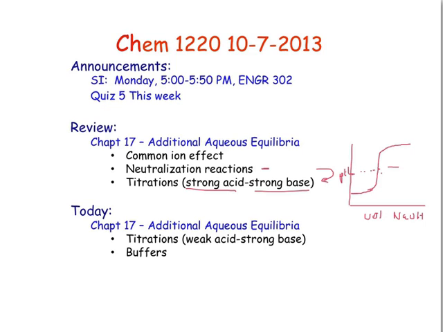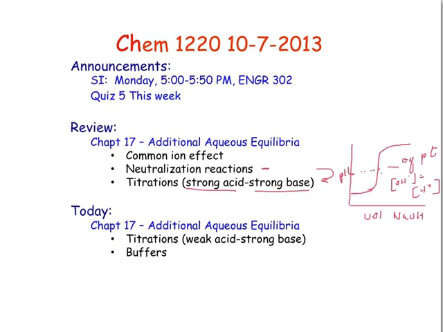So this is the equivalence point, and it's where the amount of base equals the amount of acid. And when we do the titration of a strong acid with a strong base, what's going to be the pH of the equivalence point? It's going to be at 7.